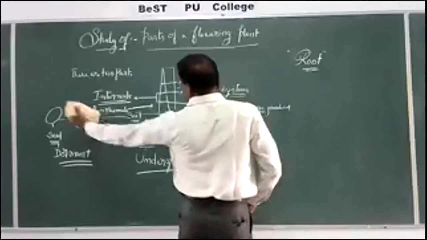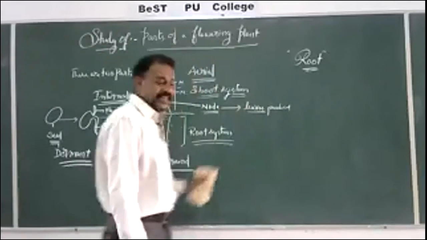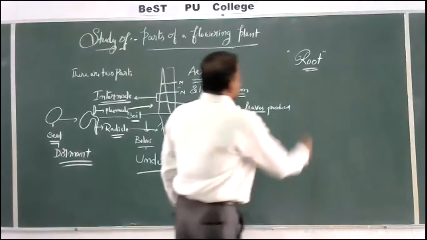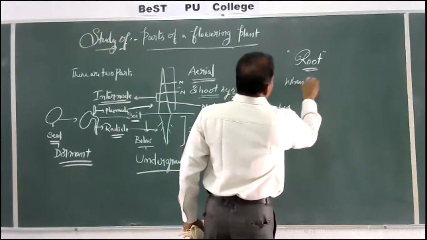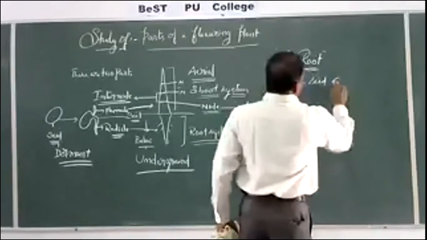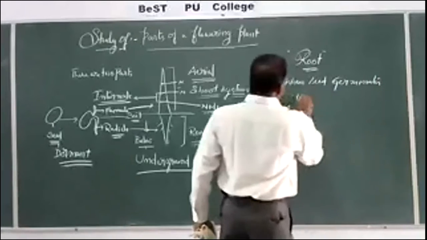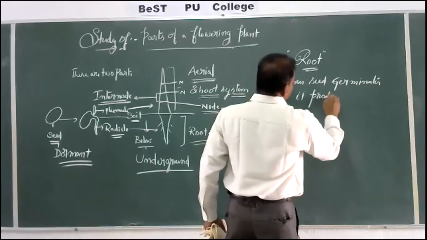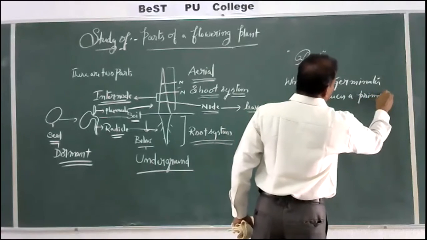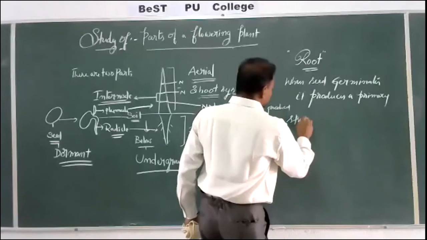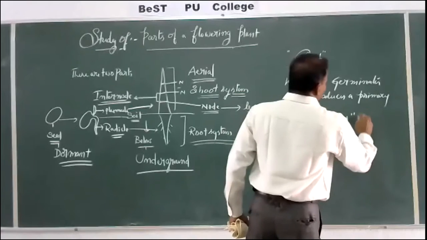From the germinating seed, the part which develops is called radicle, and radicle directly becomes root. So, when a seed germinates, it produces a primary structure called radicle.